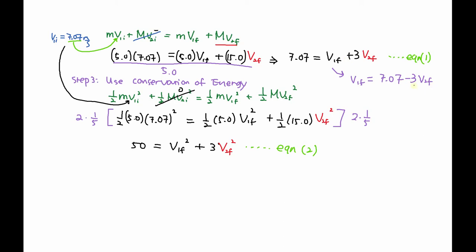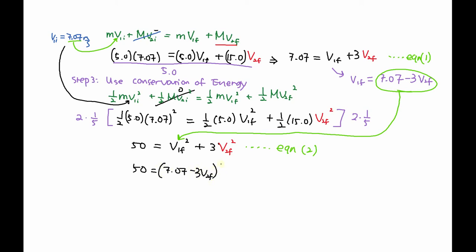I'm going to substitute this in here. So I have 50 equal to (7.07 minus 3V2 final) squared, plus 3 times this.